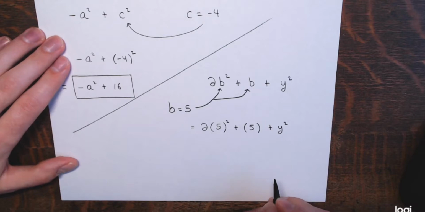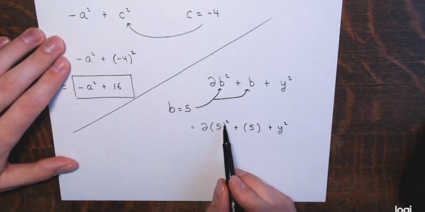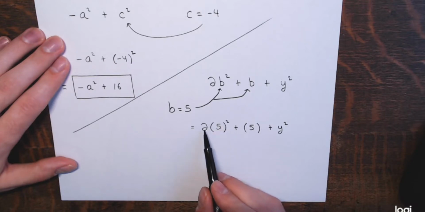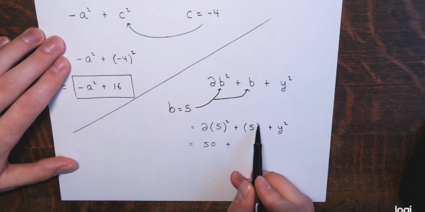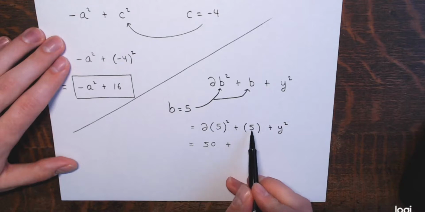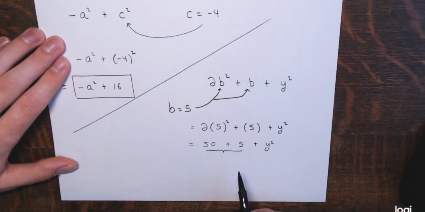And then remember your order of operations. You raise things to powers first before you multiply. 5 squared is 25, and then times 2 would be 50. There's really no need for the parentheses around this because it's not being raised to a power or multiplied by anything. So plus 5 plus y squared. These two terms are like because they both have no variables.